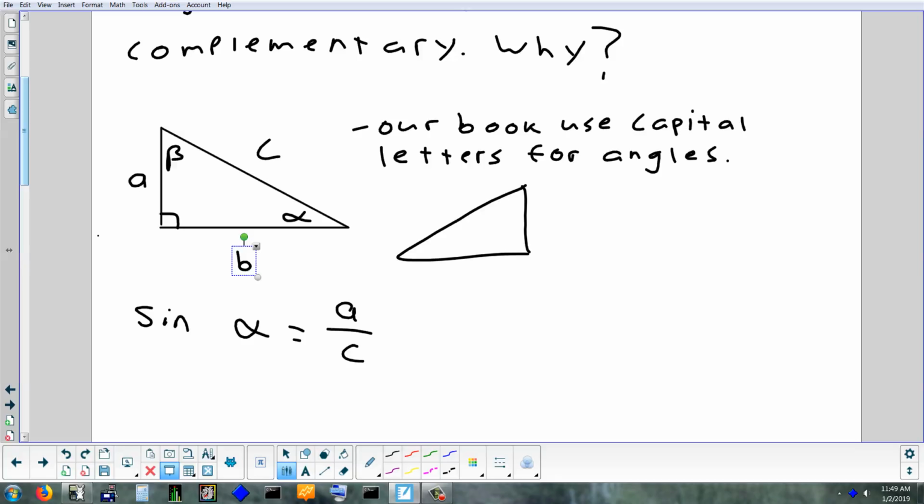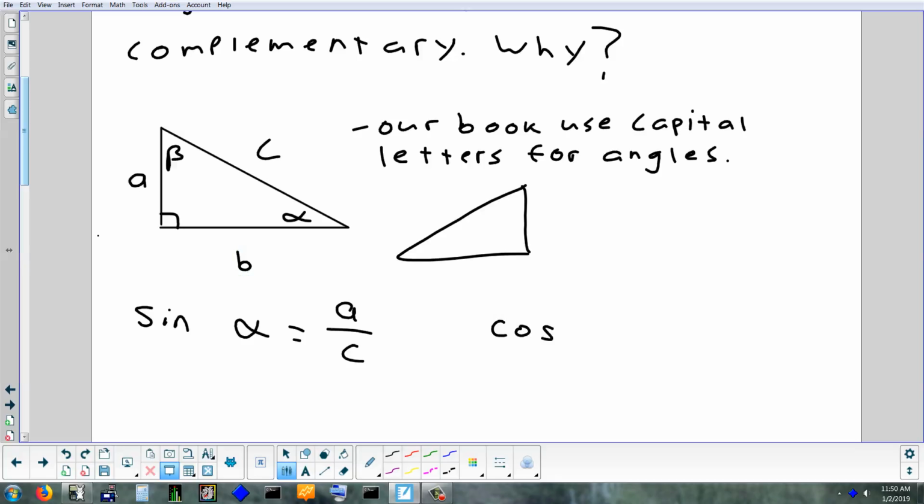First, I'm going to go with the cofunction of sine. What's the name of that one? Cosine. And I'm going to pick the angle that is the complement to alpha. So what angle in that triangle did we just say is complementary to alpha?